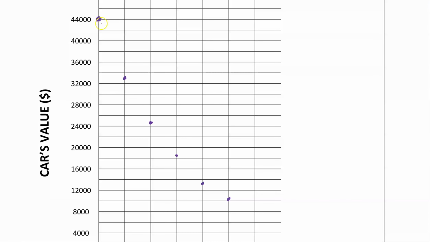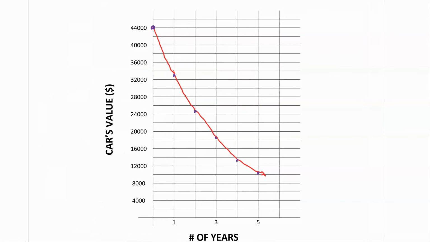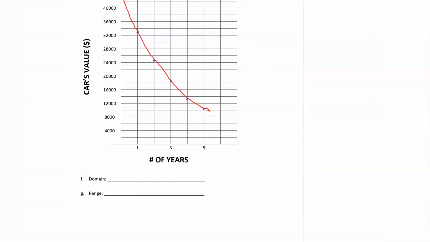We just plotted in those values of the car, and you just take your pen and try to make a connected smooth line. It's a little bit of a challenge trying to do this on the surface. But you see this depreciating value. It starts off like it's depreciating fast, then the depreciation amount every year seems to be getting less and less, and that's because we are taking 0.75 of a smaller amount, so that actually works out to be smaller and smaller. So it starts off fast as it slows down, right?